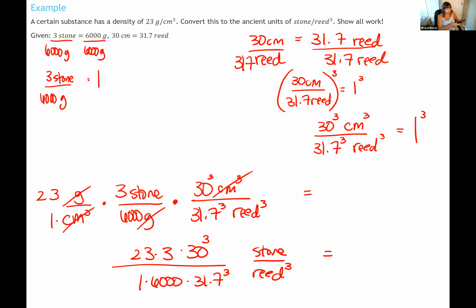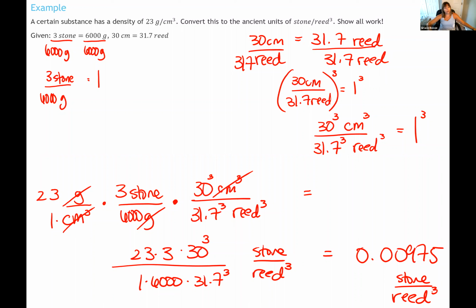Now I just do a little bit of math on my calculator. 23 times 3 times 30 raised to the 3rd power divided by 6,000 divided by 31.7 raised to the 3rd power. And I get 0.00975 stones per reed cubed.